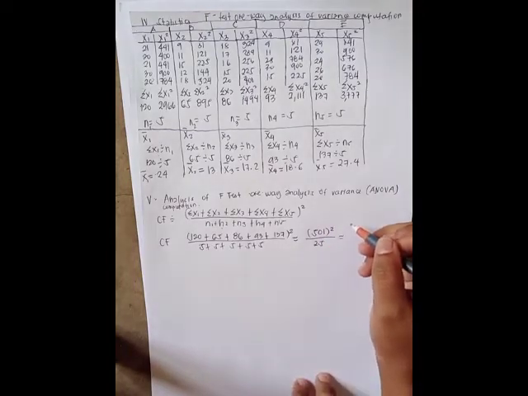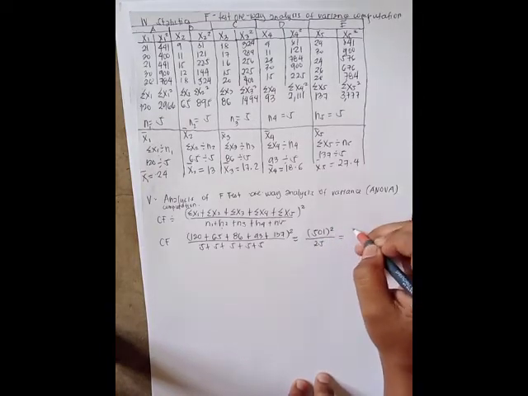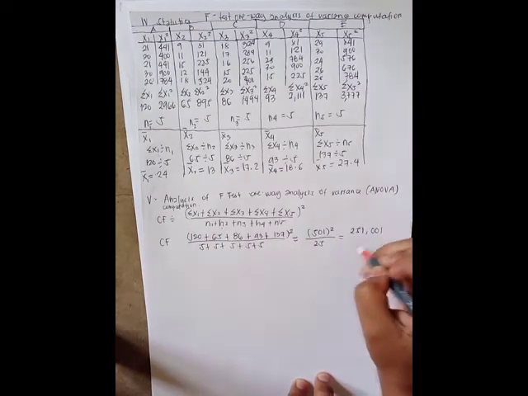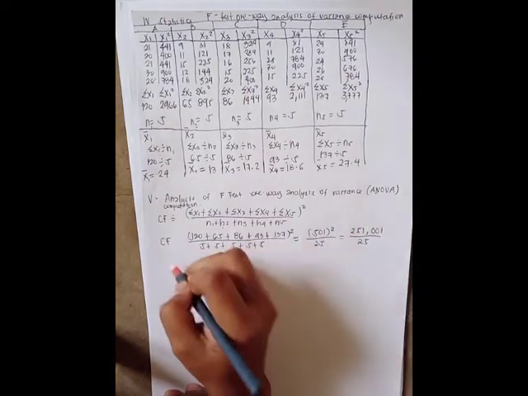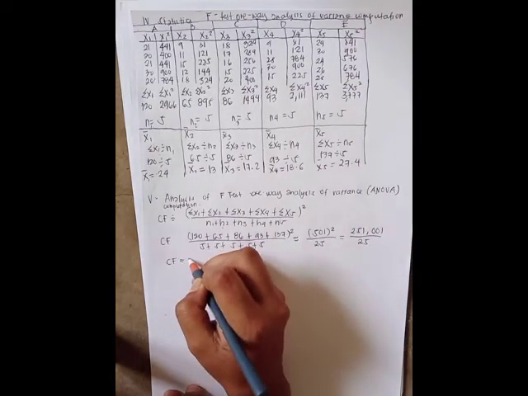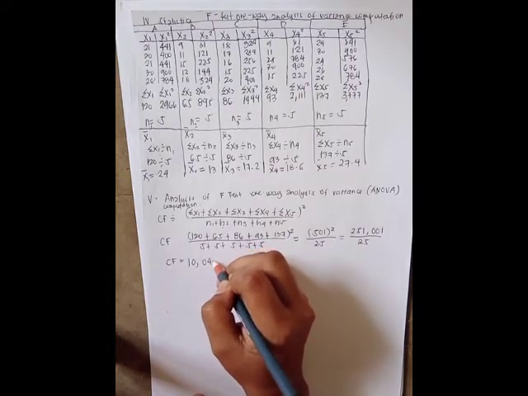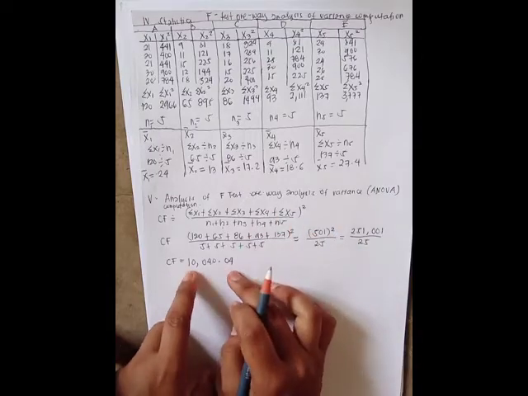So this time, if we square the 501, we can have 251,001, and if we divide it by 25, we have our computation, which is equal to 10,040.04. So we're done with our computation here.